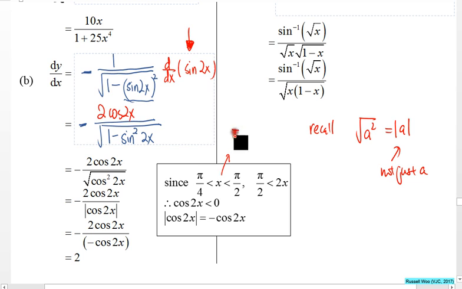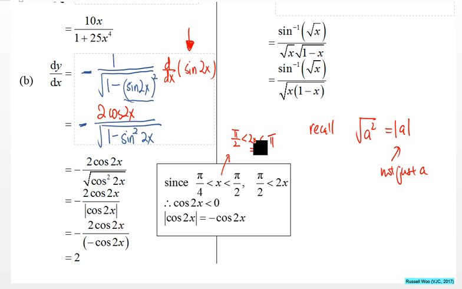That means 2x must lie between pi over 2 and pi. Now, between pi over 2 and pi, you take a cosine, you will definitely get a positive number. No, wrong. You will definitely get a negative number.